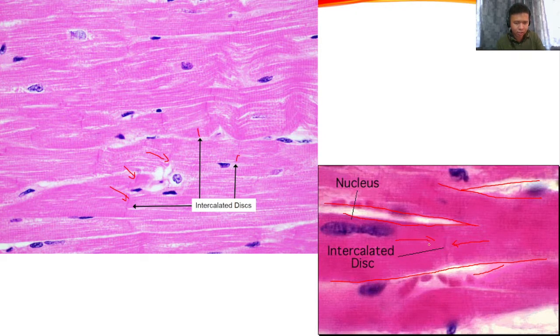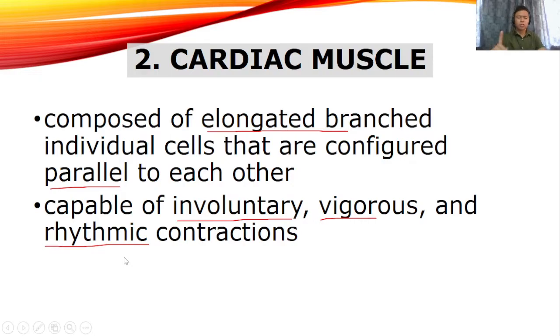As you noticed here, we have our intercalated disc, linking one cardiac muscle to the other cardiac muscle. They are usually found in our heart, which is capable of performing rhythmic contractions.